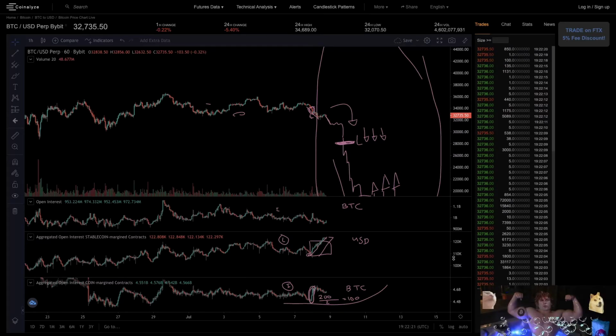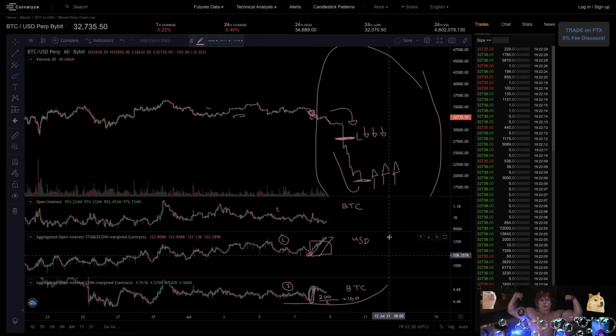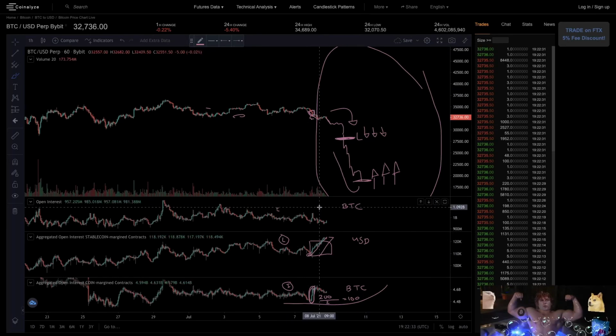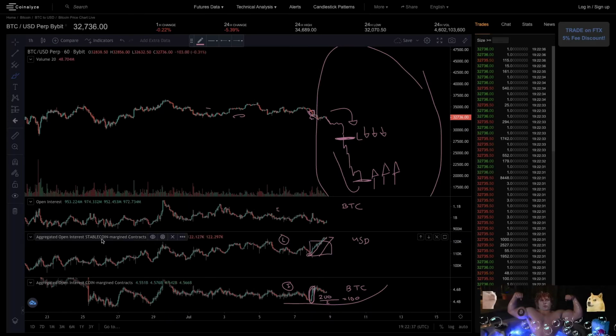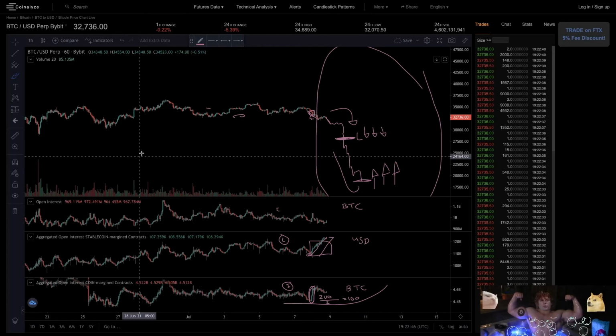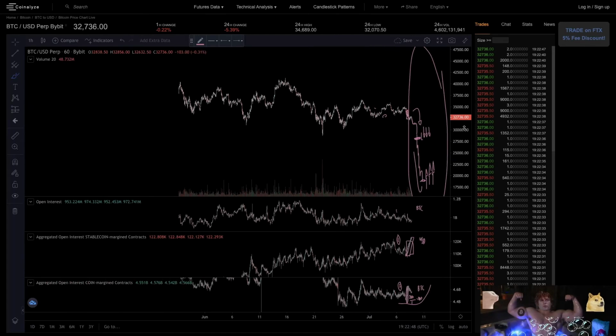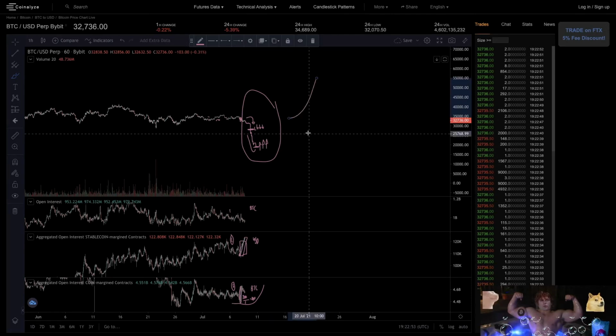So here's the difference. The difference is that when markets go up, the squeezes are different. The type of squeezes you get on a dump is not the same as the type of squeezes you get on a pump.